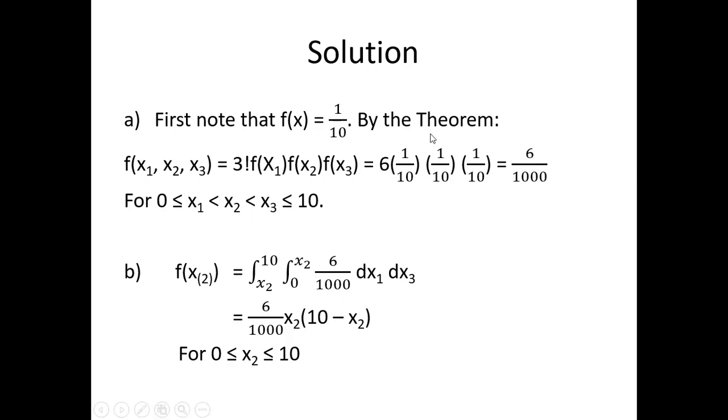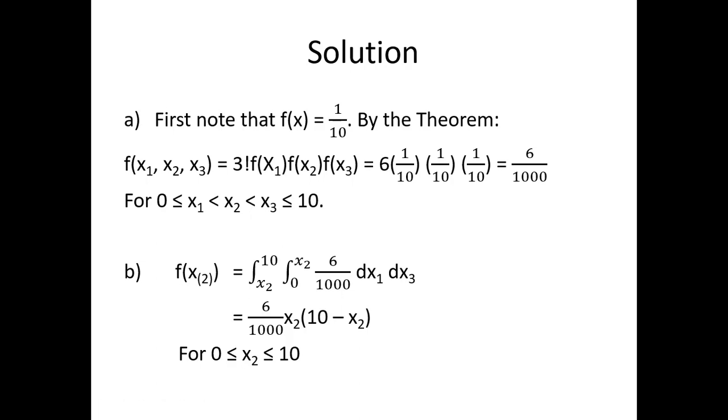So the theorem tells us that the joint PDF is equal to 3 factorial, which we know is 6, and f of x1 is equal to 1/10, f of x2 a 10th, x3 a 10th. So we get 6 over 1,000 for x1 less than x2 and so on.